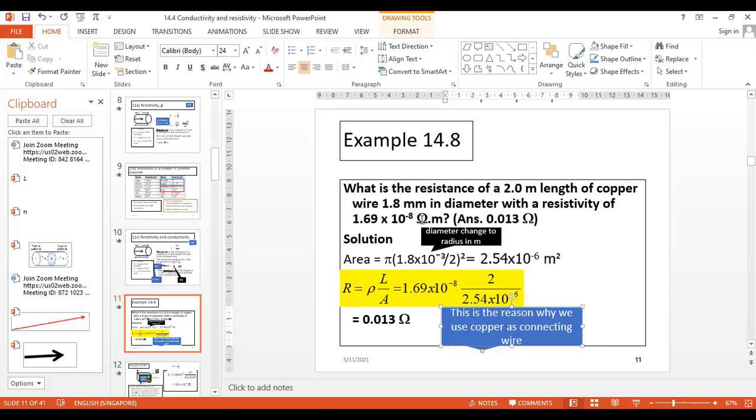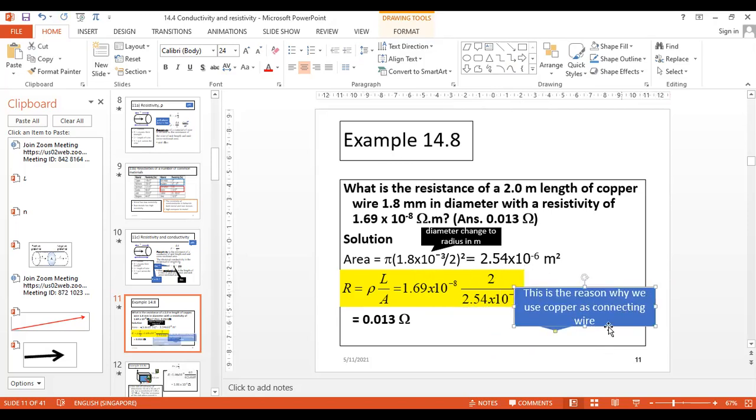That one is your resistivity. This one is your area. That was density. This is your SPM work. Nothing much, just to review your SPM work and relate it to A level as well.